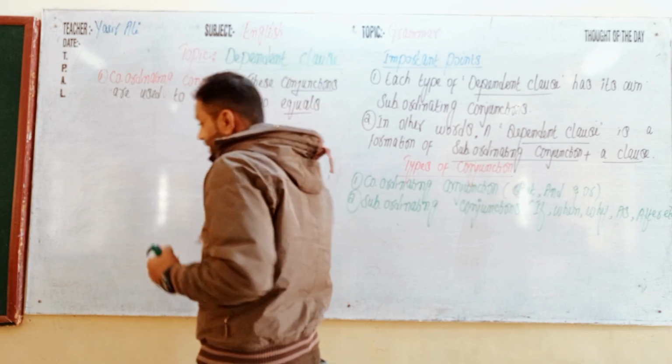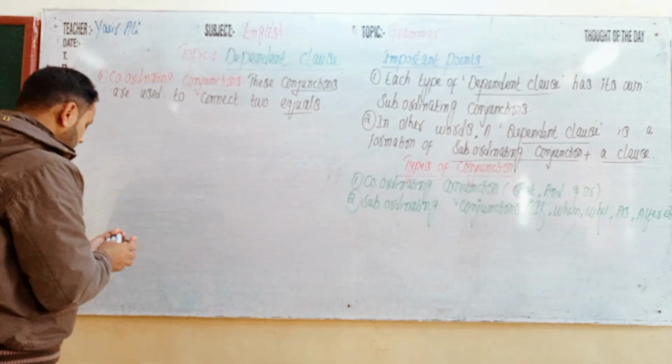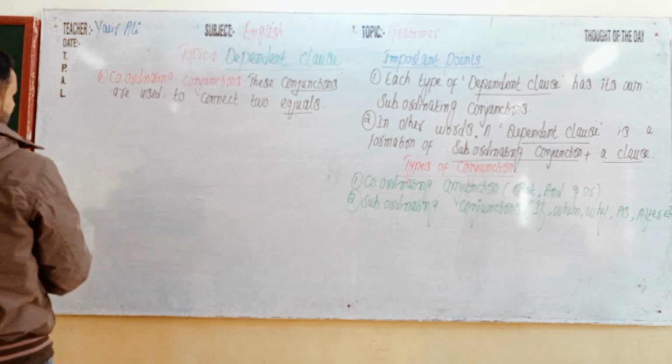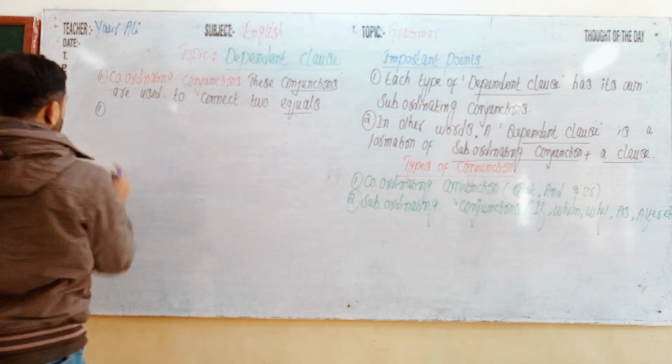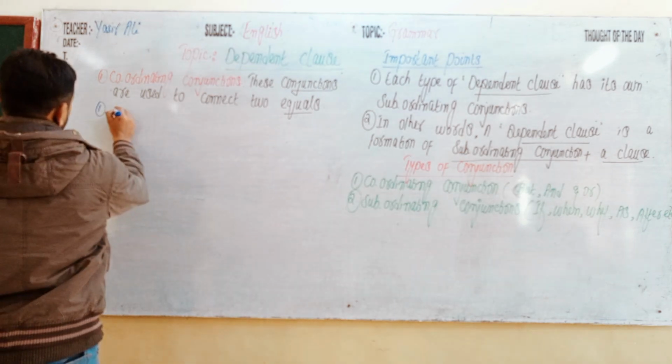Now, what do we mean by two equals? I would like to clear it. It means we will balance both the scales, keeping both sides of the balance equal.